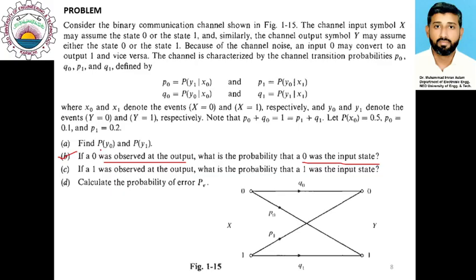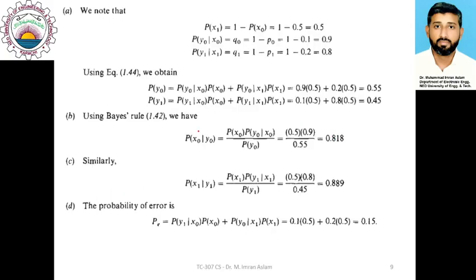The given condition is the output condition that we received a 0, and we want to find the probability of the input side, p(x0 given y0). Y0 has already occurred, we receive 0 at the receiver side. So this is a case of conditional probability, because we are given a specific condition and on the basis of that condition we want to find another probability.